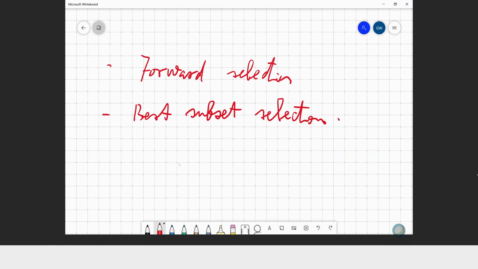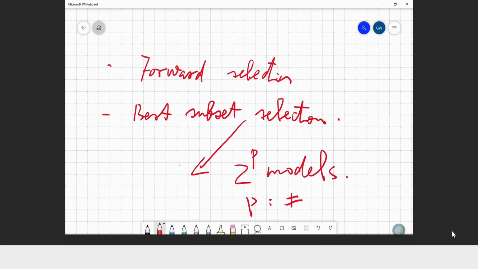For best subset selection, the possible models we consider are 2 to the power p, where p is the number of predictors. But for stepwise selection, you only consider about p squared models. That is so small.